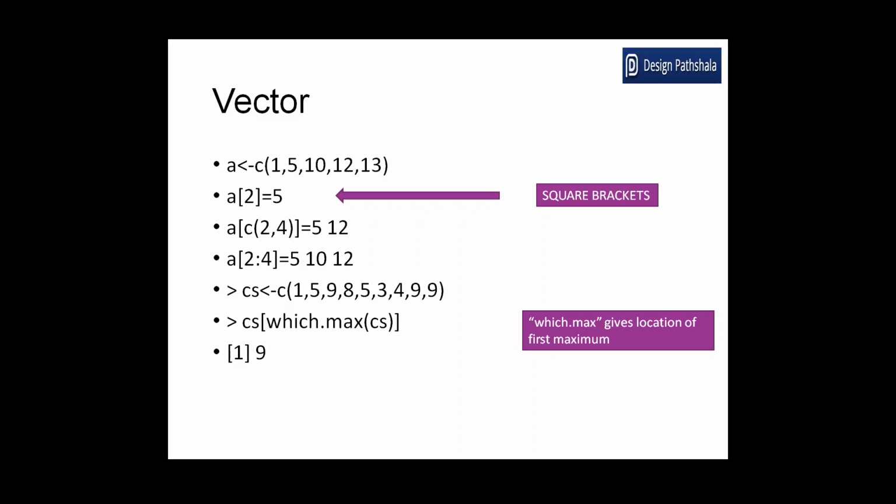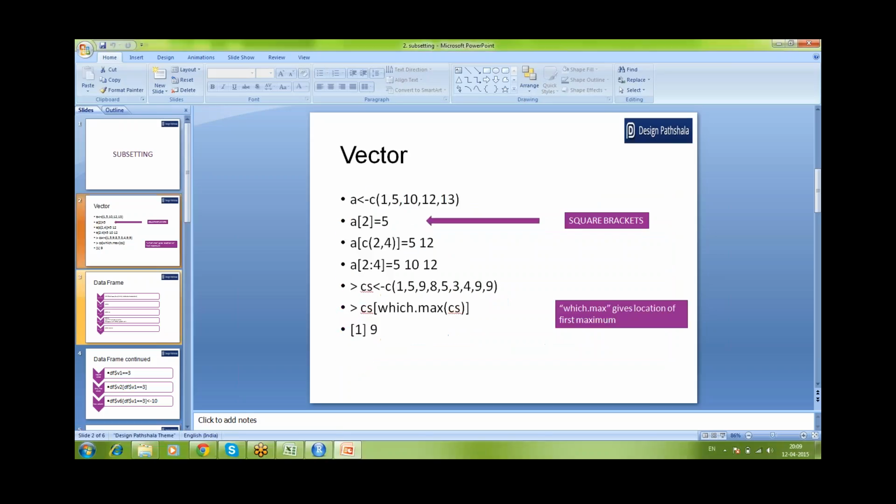So a of 2: the syntax is square bracket open, then the location, then square bracket close, and it will give me the value for that location. Now if we want to fetch multiple records from multiple locations, then we have to pass a vector within a vector. Let me show you that.